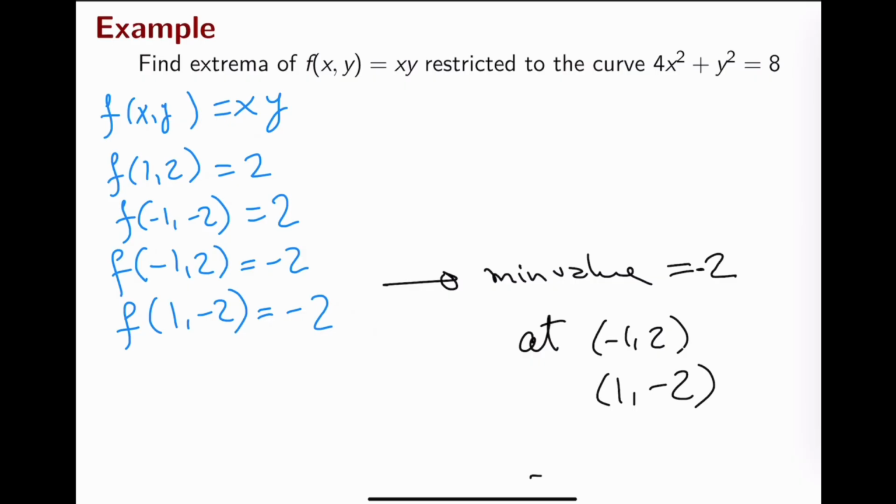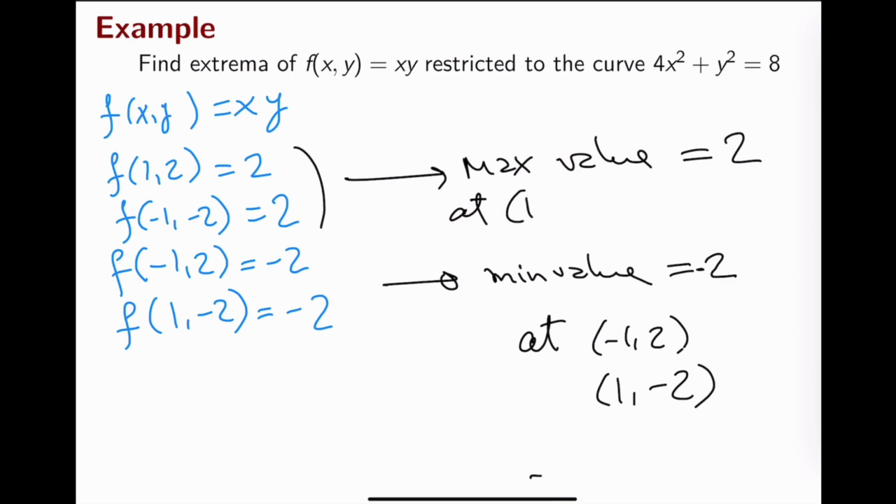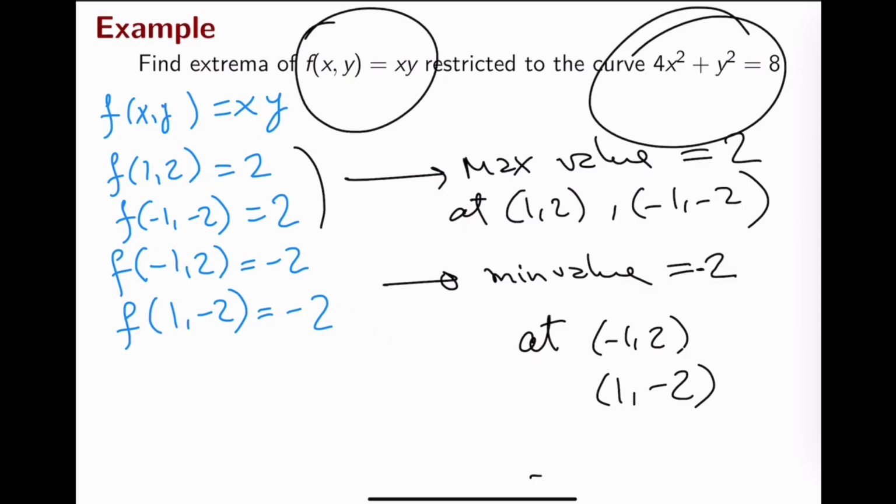There are 2 points in the domain where the function reaches its minimal value, that is -2. And from here we can see that the maximum value is going to be 2, and is going to be reached at (1, 2) and also at (-1, -2). So these are the 2 points where we reach the maximum value of this function restricted to this curve.